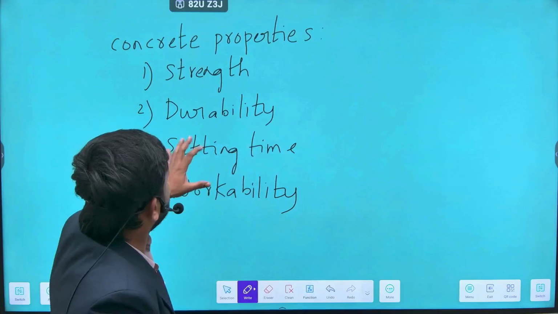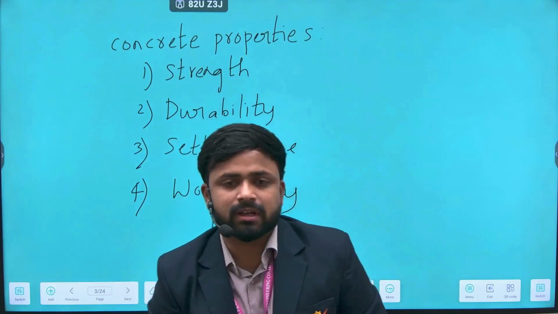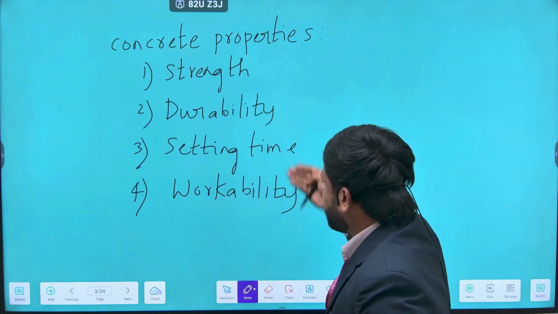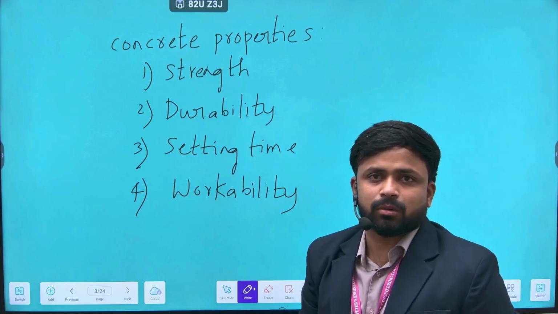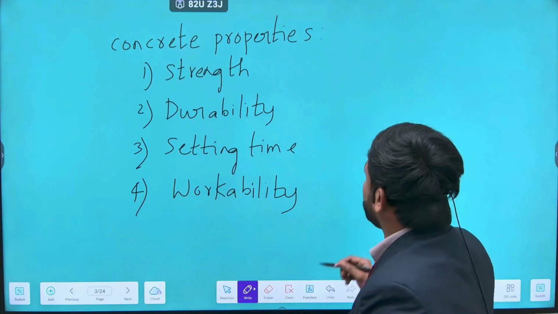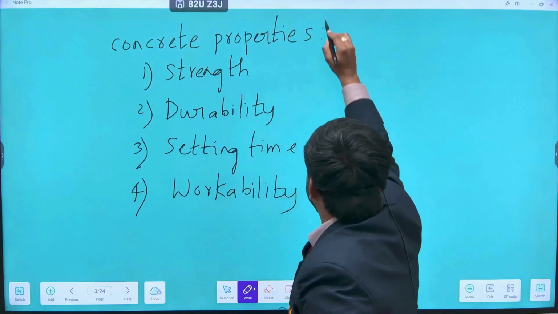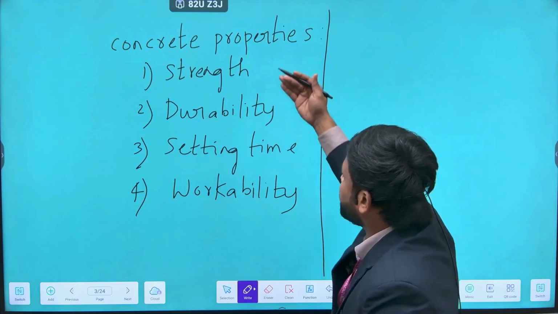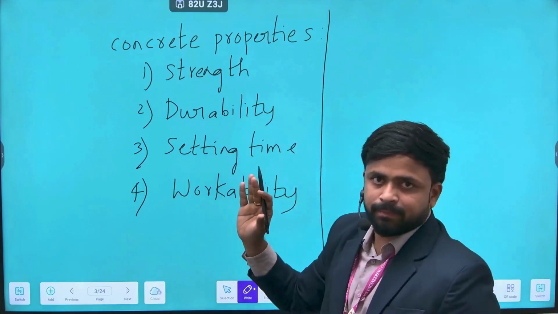If you know the difference or definitions of everything, we can conclude the use of the admixtures here. These are the properties. We need to know each and every property clearly.